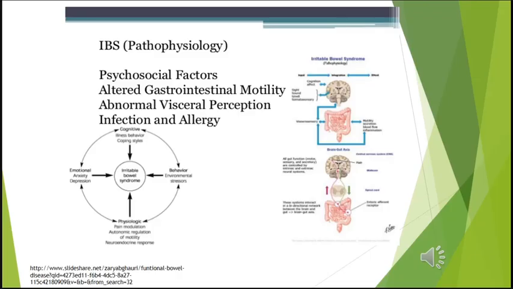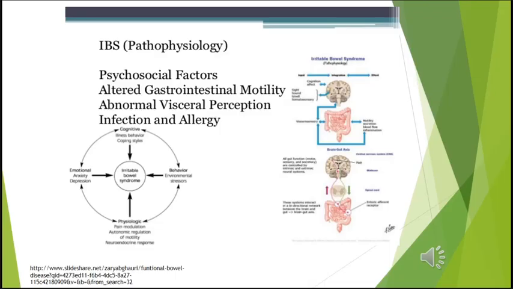Oftentimes, what sets off IBS can be a history of some sort of infection or some sort of food allergy or upper respiratory allergy. There's a gut-brain axis in which, if the brain is perceiving stress, that can also irritate and increase the abnormal visceral perception and pain, as well as change the altered gastrointestinal motility, making it worse, either towards constipation, slowing down, or faster towards diarrheal, speeding up.